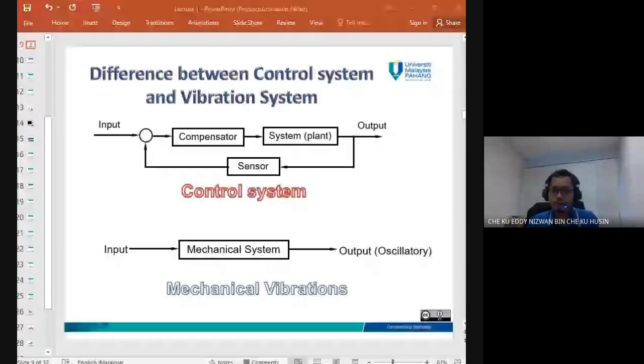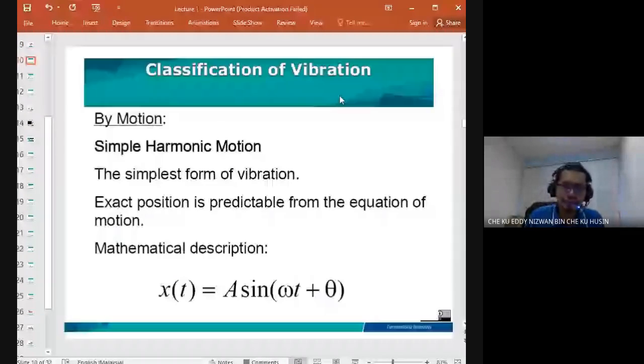Okay, so we continue our lecture. We start this slide from yesterday's class. Now we go to the next subchapter, which is classification of vibrations.